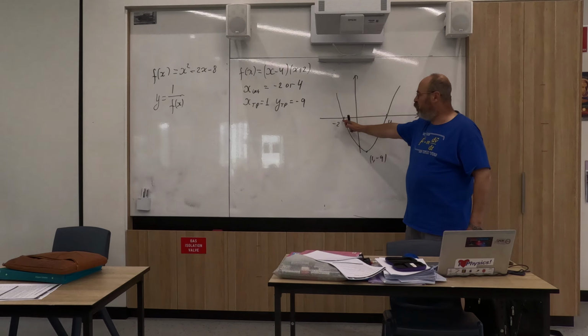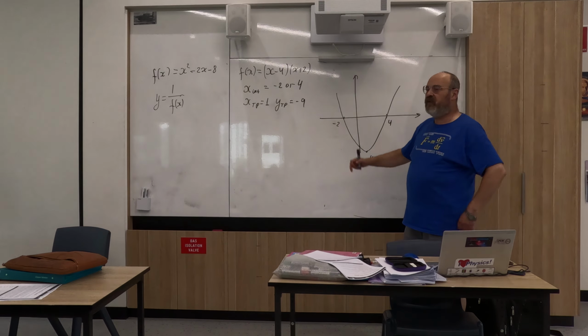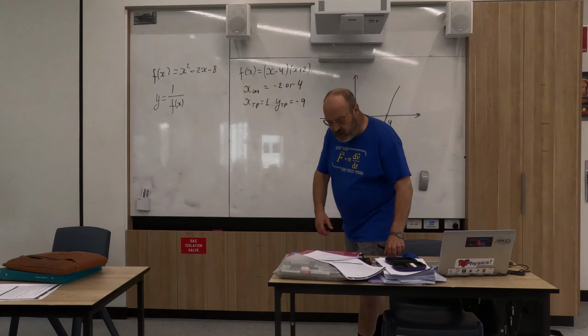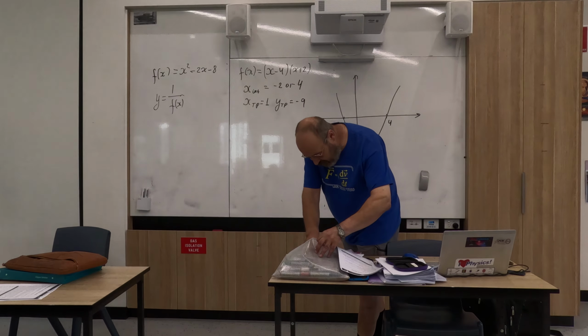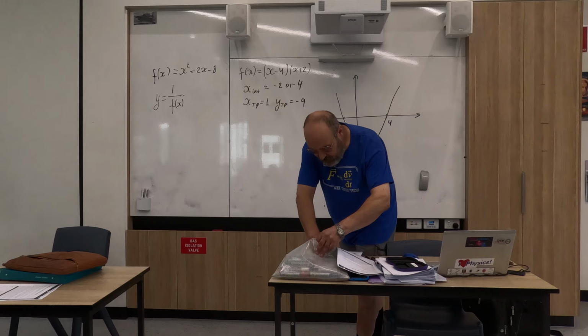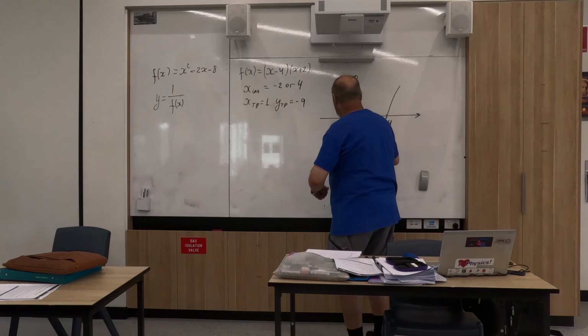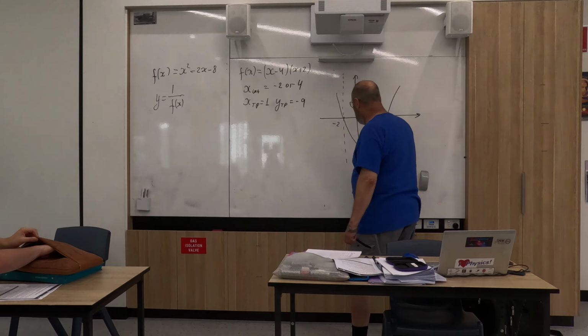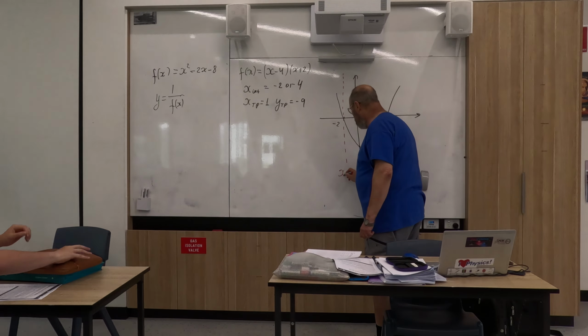What will happen when f(x) equals 0? Can we divide by 0? No. So the function will be undefined. So what will we get there? Vertical asymptote. So the graph of the reciprocal function will have two vertical asymptotes.